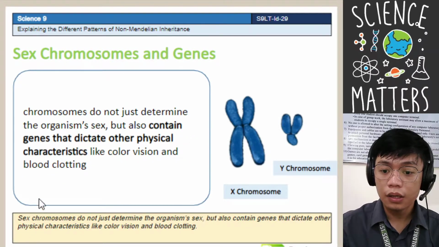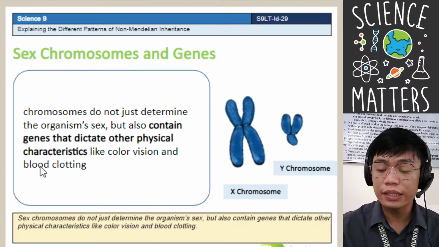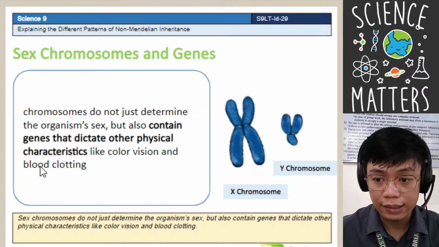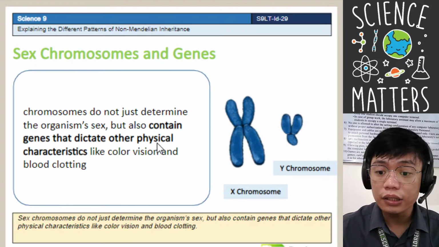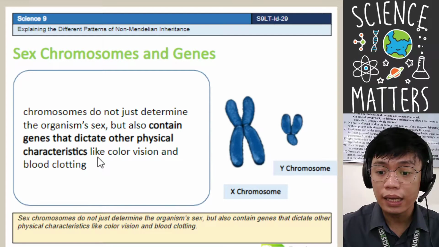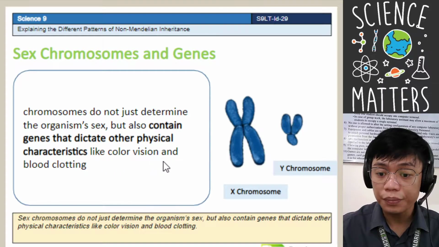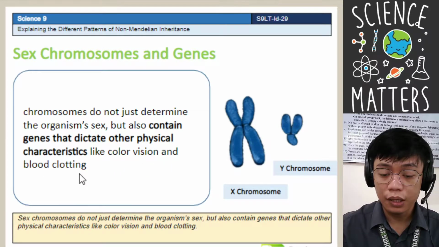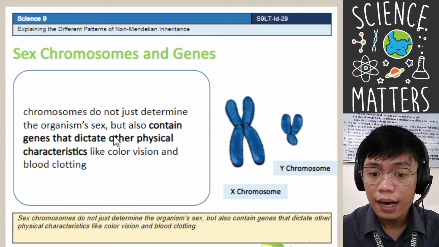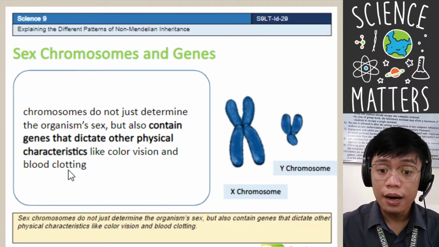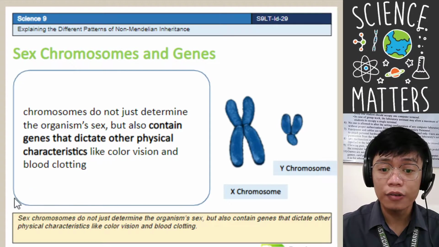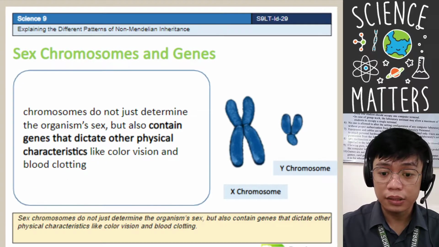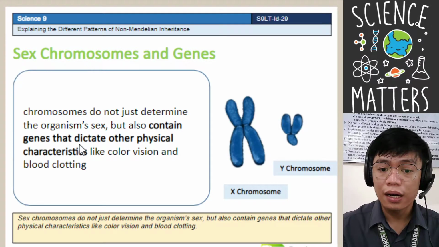Now, chromosomes do not just determine the organism's sex, but also contain genes that dictate other physical characteristics like color vision and blood clotting. As stated here, it also determines the physical characteristics of an organism, okay?